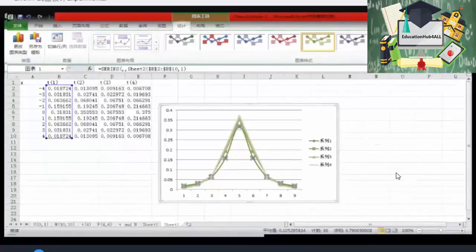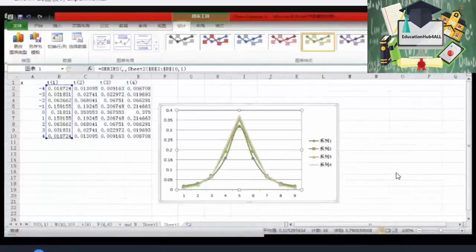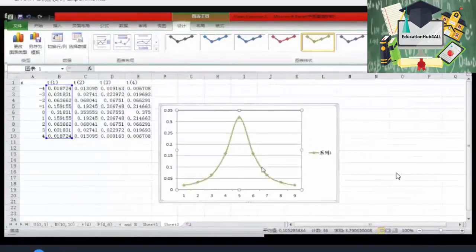The last one, you can see it's smooth. You try that, you see it become smooth. And you need to do it one by one. So if we just select the first one, actually it's smooth.